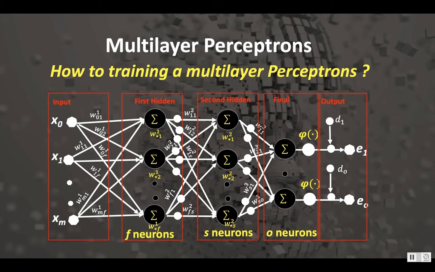You can define your neural network as well trained if all the weights reach their optimal values. So the critical question is how to train a multilayer perceptron. That is the question we are going to answer in this chapter.